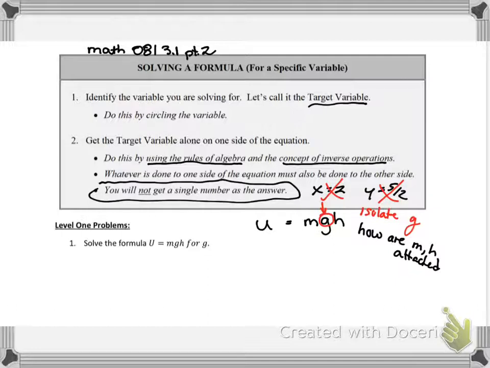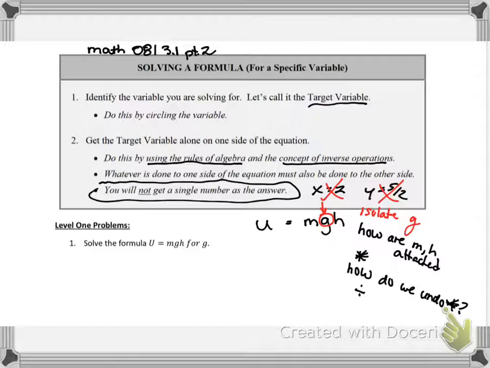M times g times h. So the answer is multiplication. So then the next question we ask ourselves is, okay, cool, they're being multiplied. How do we undo multiplication, right? And hopefully you know that the way you undo multiplication is through division, okay?